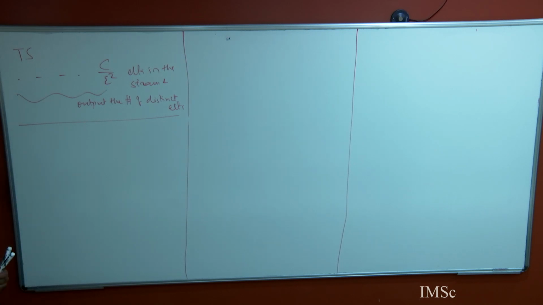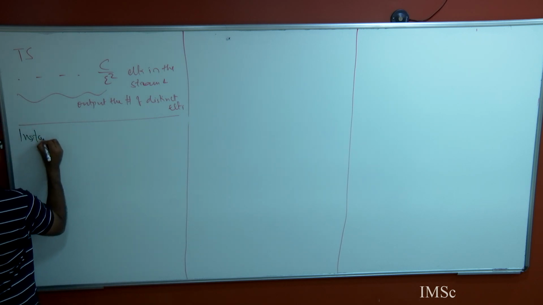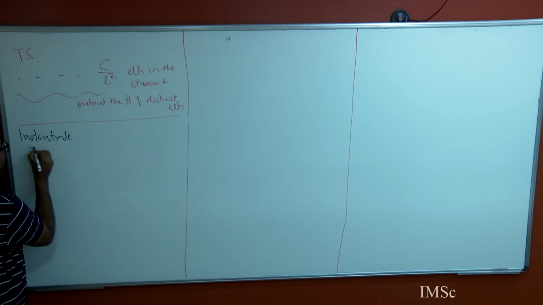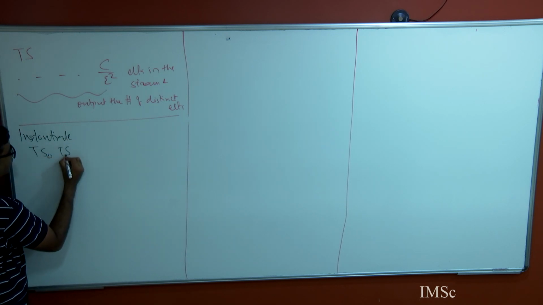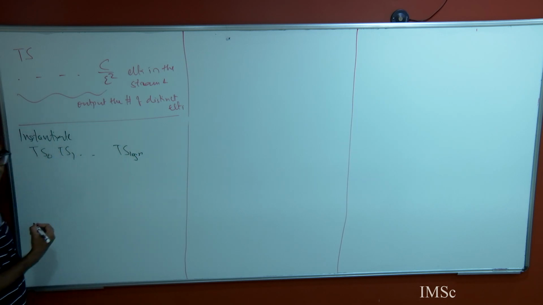So I made one mistake yesterday in the algorithm. This is why I thought that I should repeat it, and then we will move to something else. So we instantiated, if you recall, TS0, TS1, and so on up to TS log n.